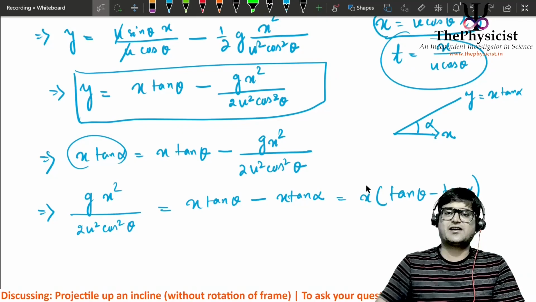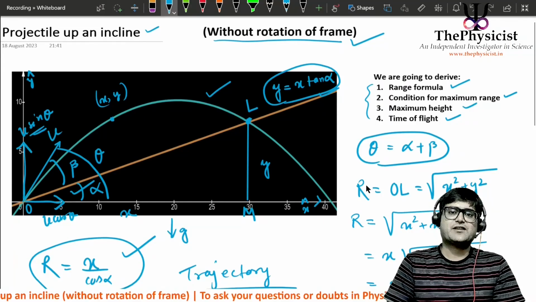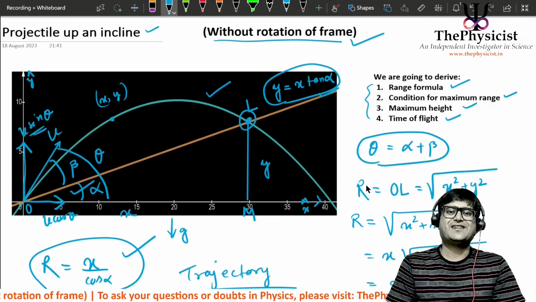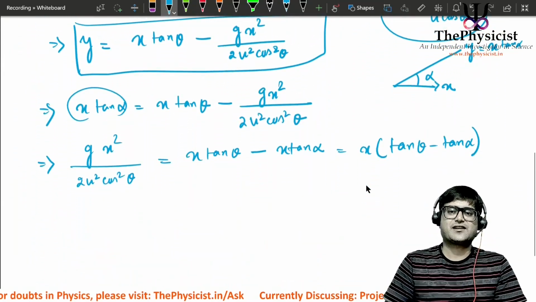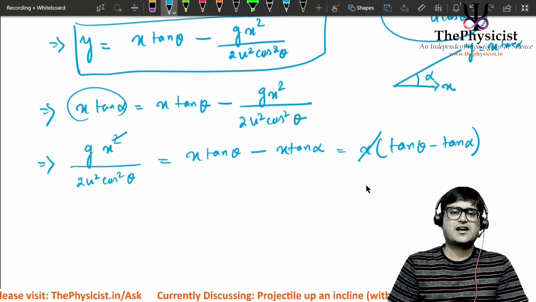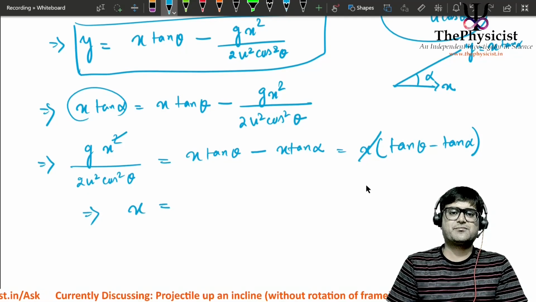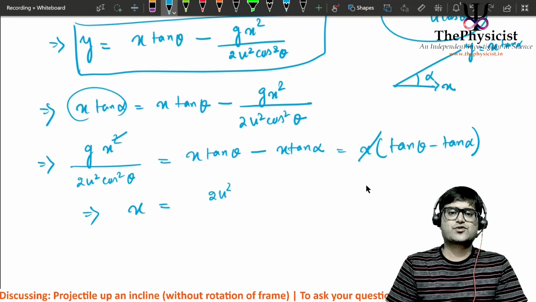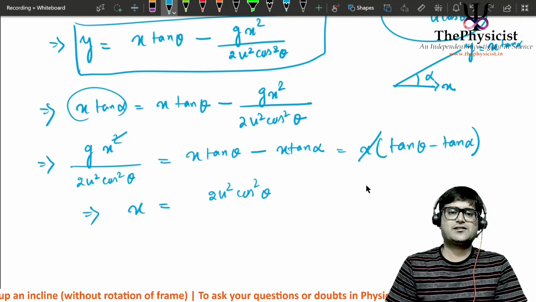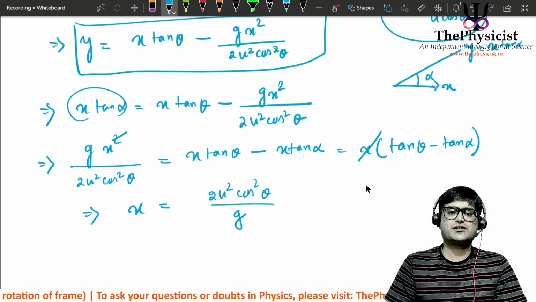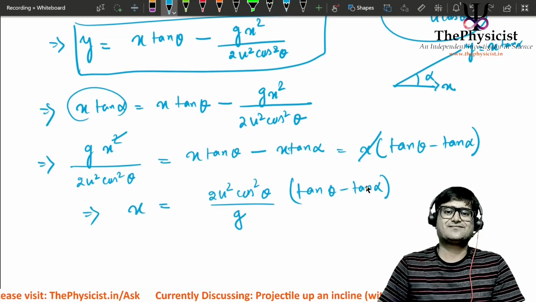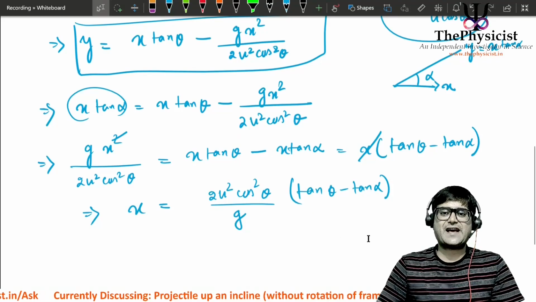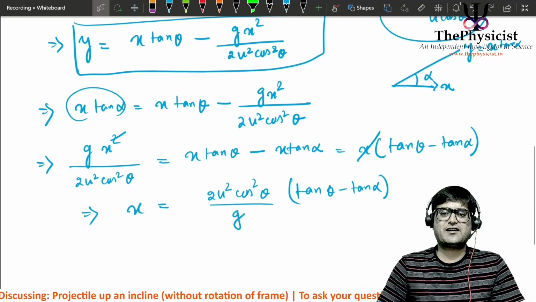Of course, x is not 0, so we can cancel x from both sides, and we will have x will be 2u squared cos squared theta, the entire thing divided by g, and then tan theta minus tan alpha. But we can actually simplify tan theta minus tan alpha.